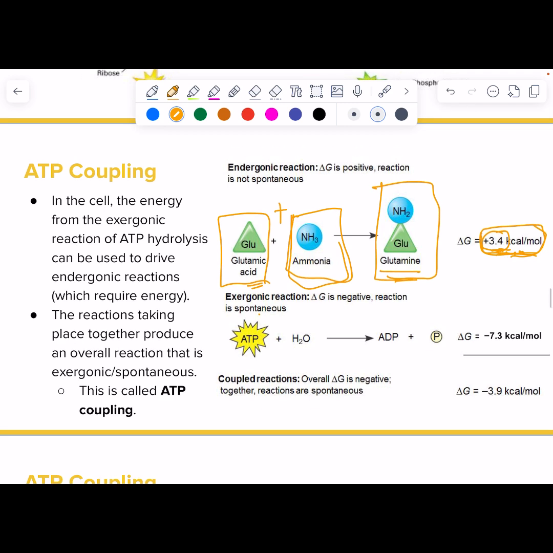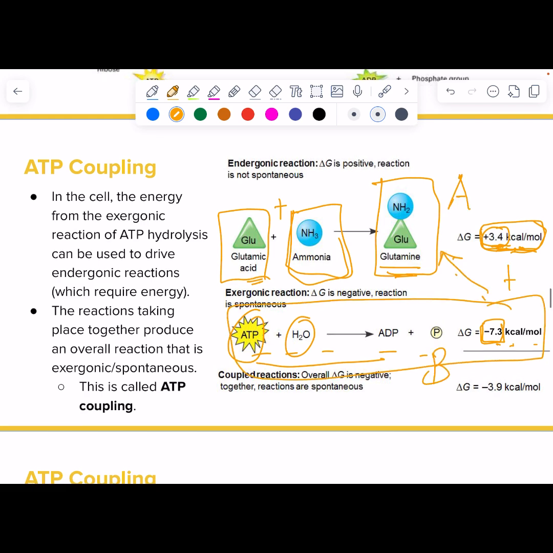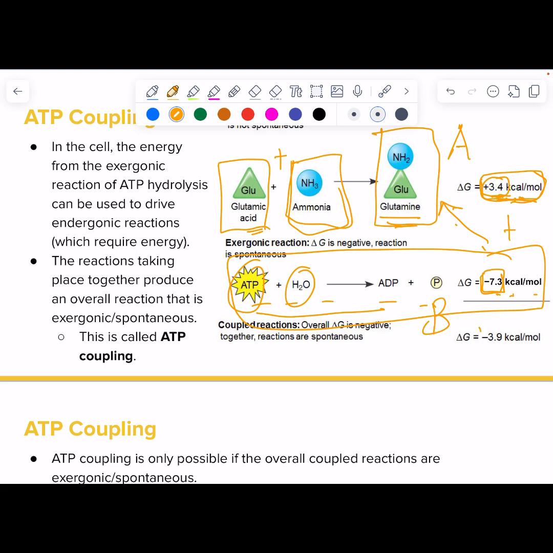However, when we break down ATP, that reaction gives off 7.3 kilocalories. It means that if we put this reaction and that reaction together, what will be the net energy change? The net energy change will be negative 3.9.